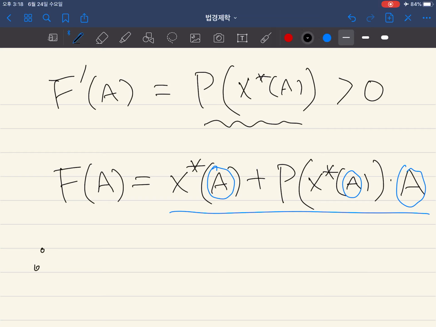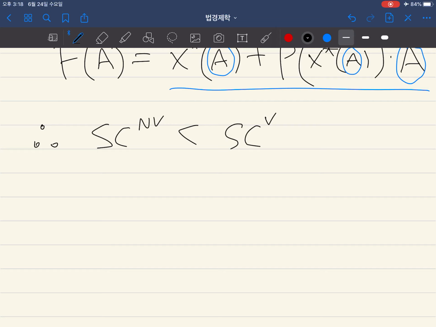So our conclusion is: social cost under verification is bigger than social cost under no verification. So this means no verification is better for our society.